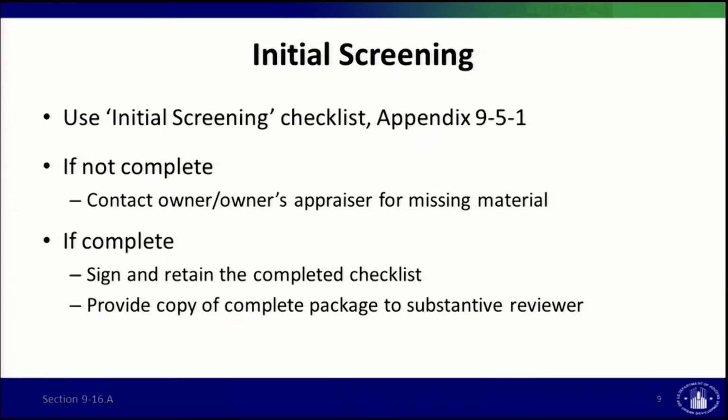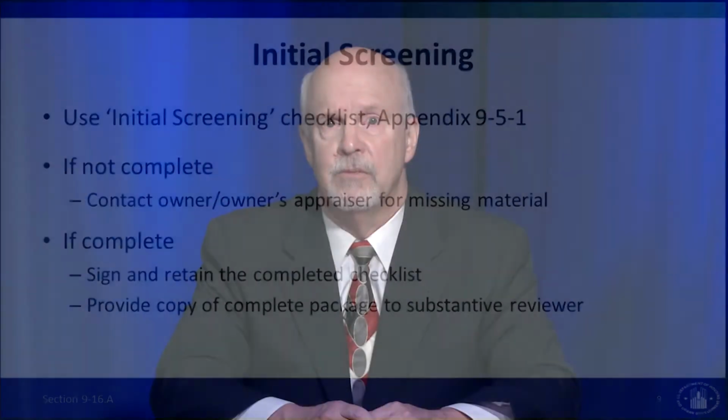If you are the initial screener, you must use the initial screening checklist, which is Appendix 951, to determine if the information in the RCS is complete. If it's not complete, then you must contact the owner or the owner's appraiser for the missing material. If it is complete, you need to sign and retain the completed checklist and provide a copy of the complete package to the substantive reviewer.